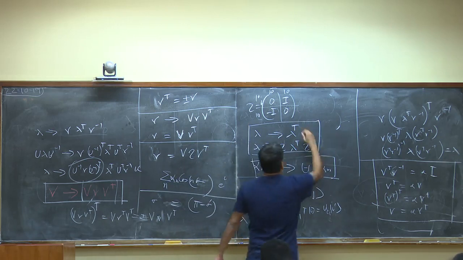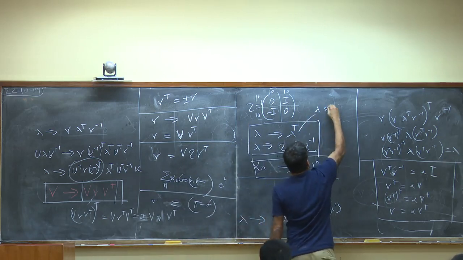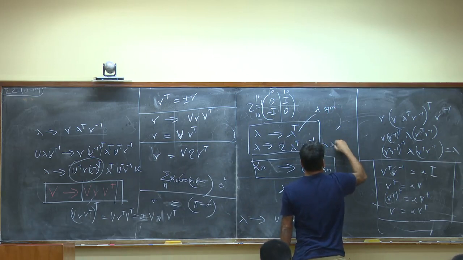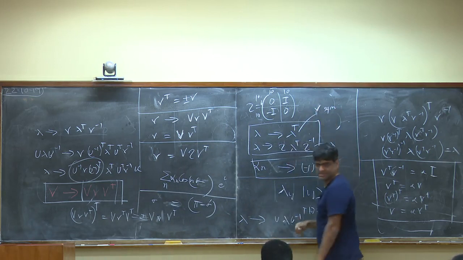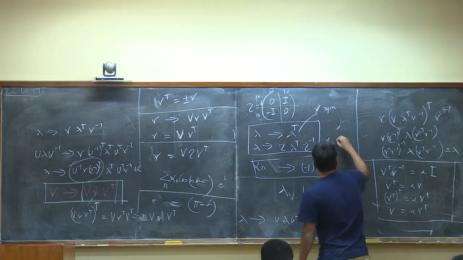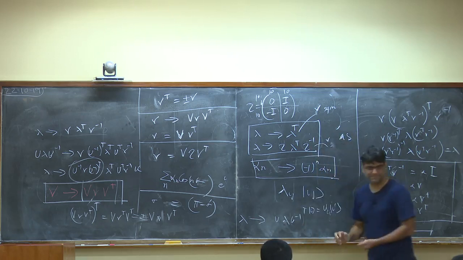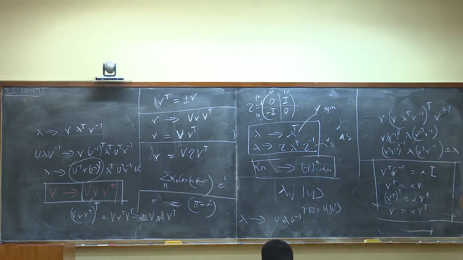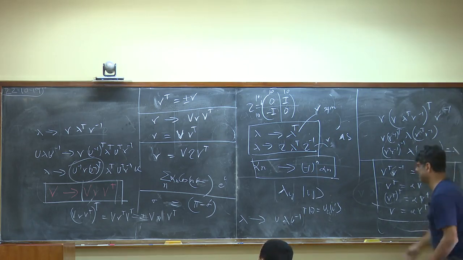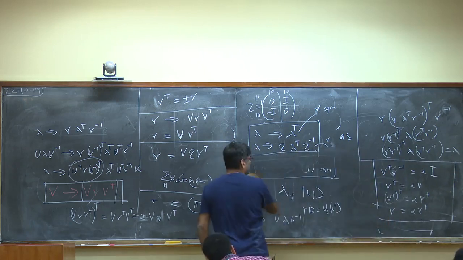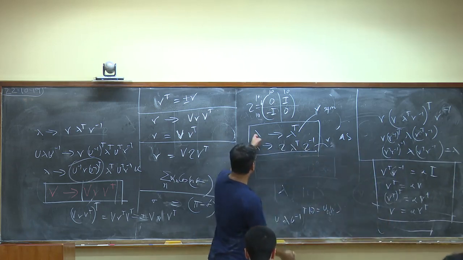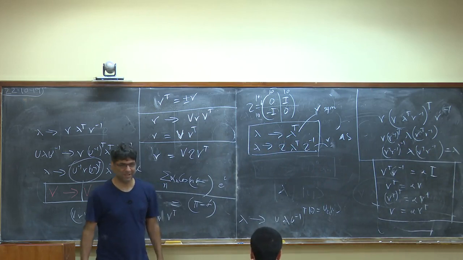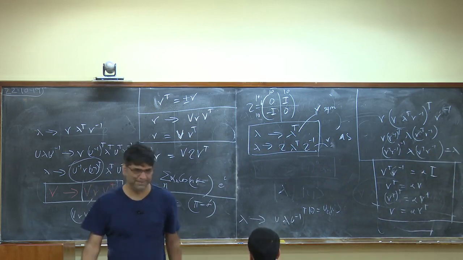This is for gamma symmetric, and this is for gamma antisymmetric. Is this clear? Okay, excellent. This was the totally naive thing to do, and it will turn out to be what's relevant anyway.